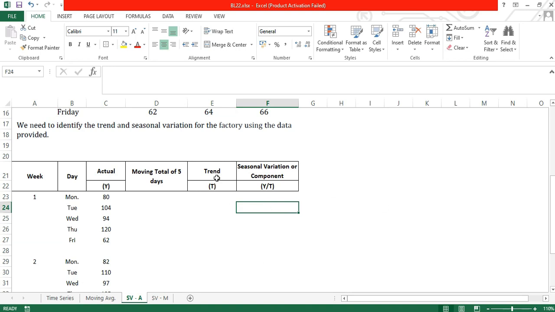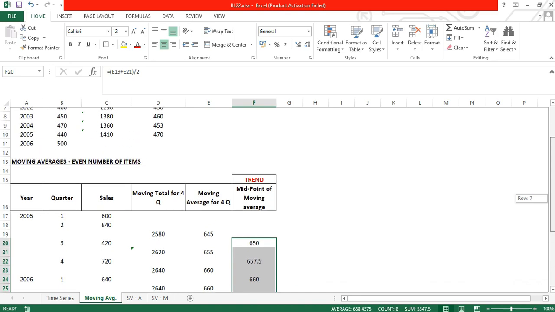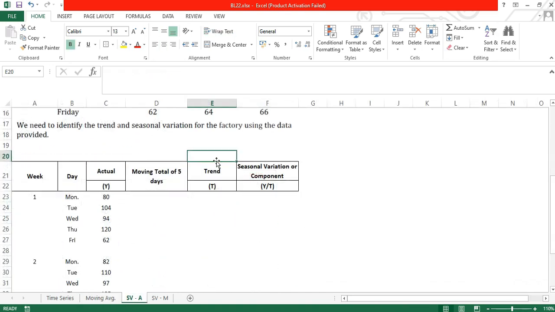Now, one key thing to remember is that trend, this column, is highly connected to the moving average that we just learned. So the trend here is the trend that we have to insert into this particular column. So this is basically the moving average.